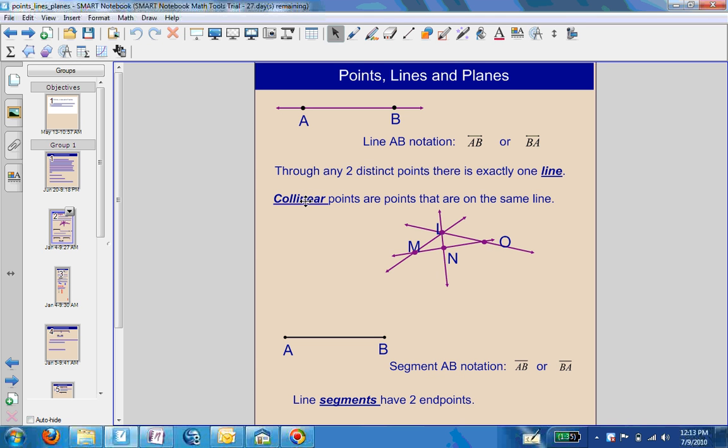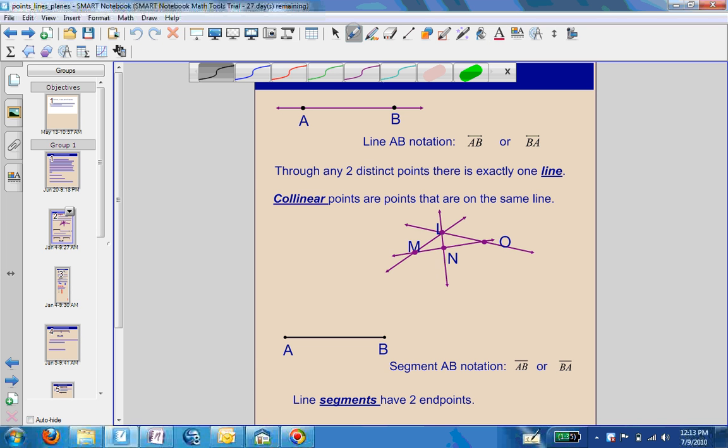Our next definition is collinear. Collinear points are points that are on the same line. So, for example, we have point L and point O, and those are points that are on the same line. So L and O would be considered collinear. We have quite a few collinear points, so we're going to list just a couple of them.